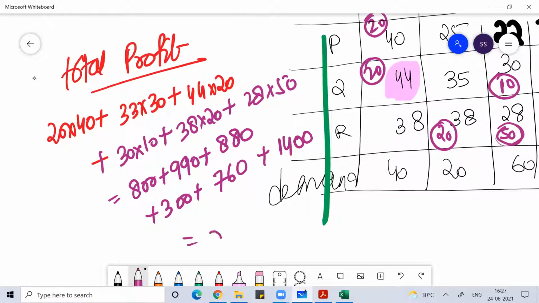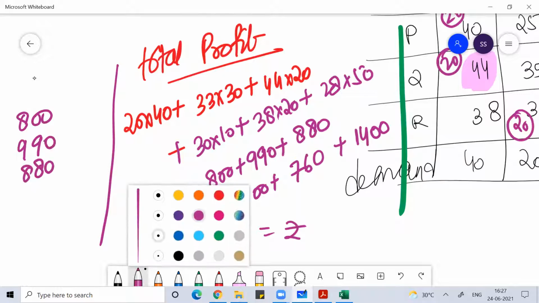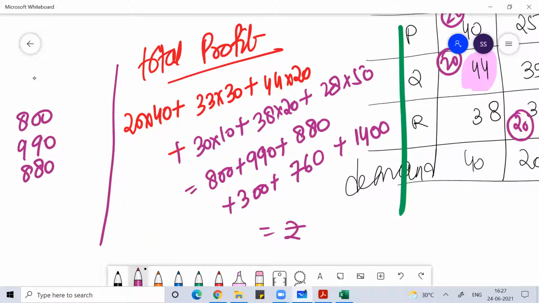So you do this, you'll get the total profit. This is 800 plus 990 plus 880 plus 300 plus 760 plus 1400.